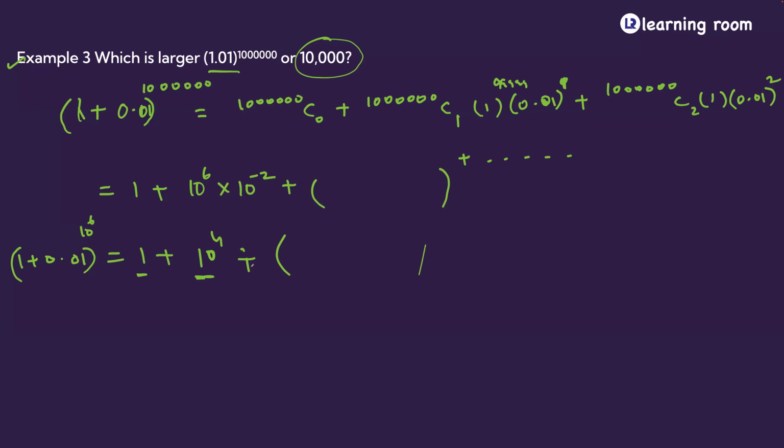some other positive terms that are going to get added. So obviously what is being indicated here? This is definitely greater than 10 power 4, which is the number given. Is that clear? That is all we need to do.